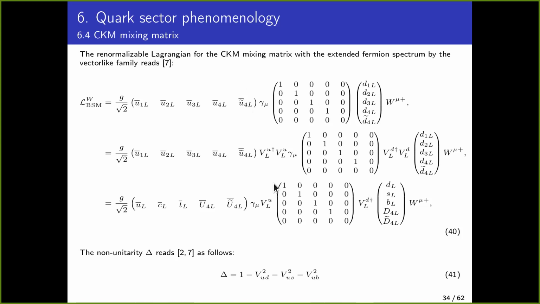Therefore, if we consider this 5 times 5 mass matrix, which is given by this CKM mixing matrix, our CKM prediction doesn't feature unitarity. So the non-unitarity can be defined in this way: 1 minus the UD scale, US scale, and the UB scale. And we can explain this non-unitarity in a very natural way without imposing any other assumption.